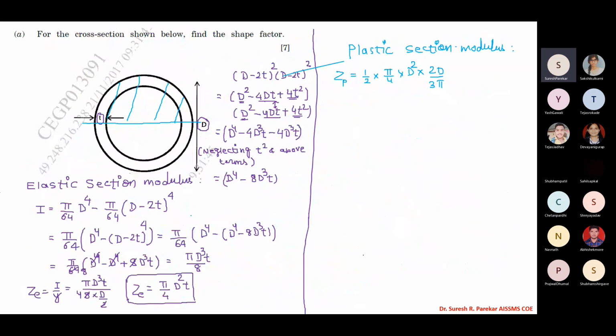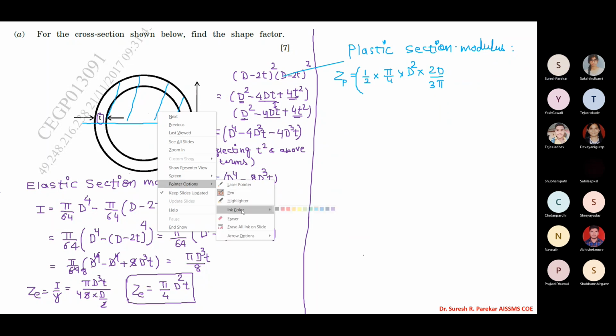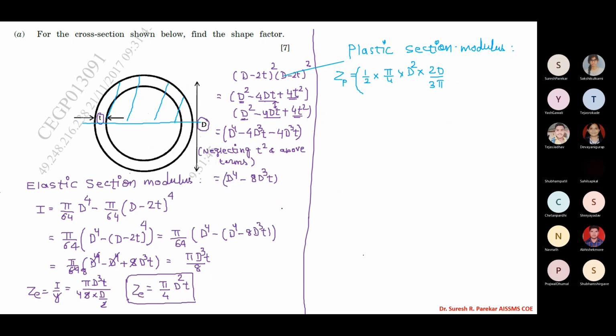That we have taken 2d upon 3 pi. This is outer side, and we have to subtract inner.